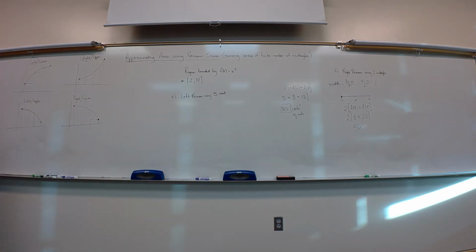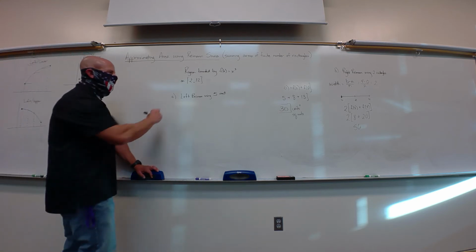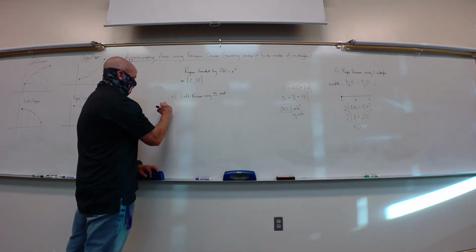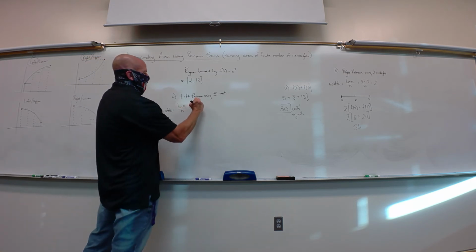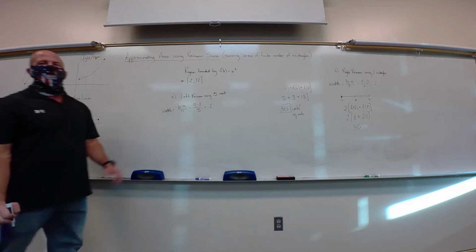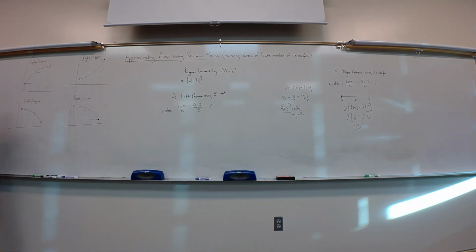All right, so I need to figure out my width of each one first, or my base. B minus A over N. So that would be 12 minus 2 over 5. That would be 2 units. Everybody agree with that? 2 units?